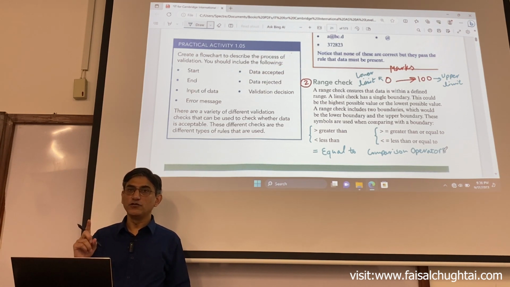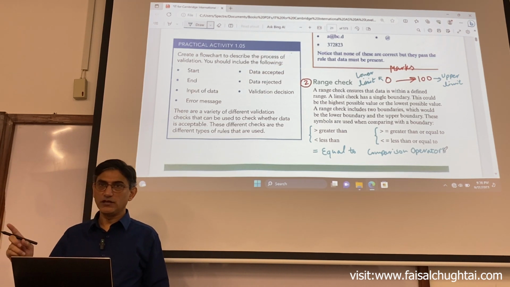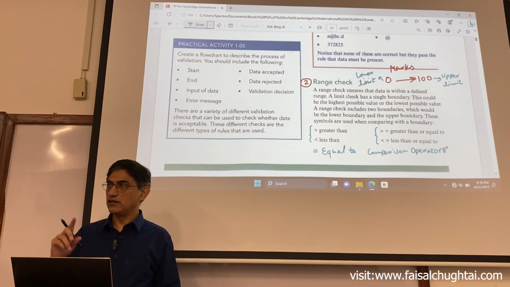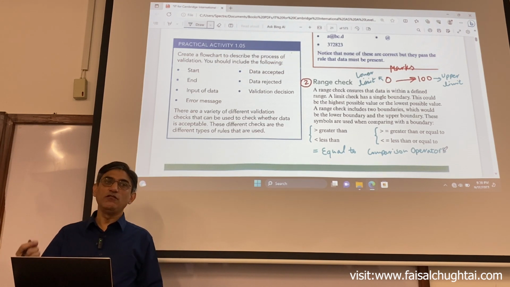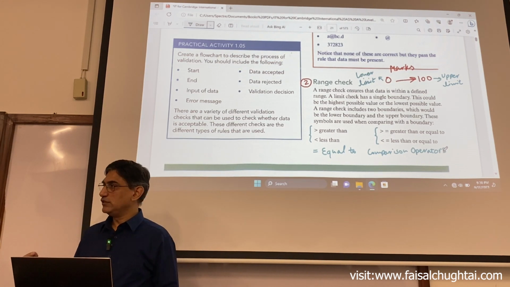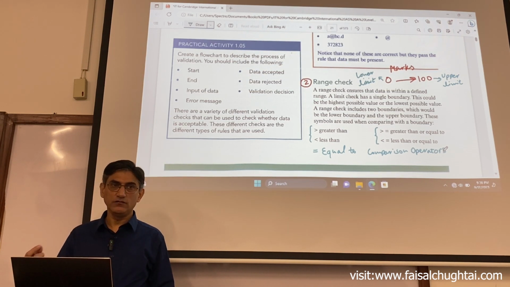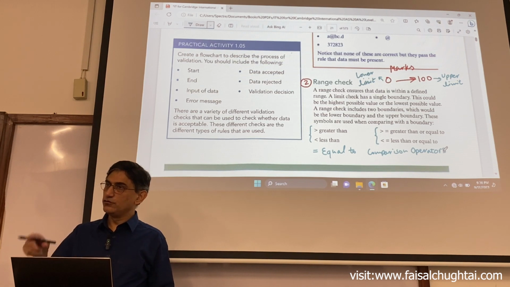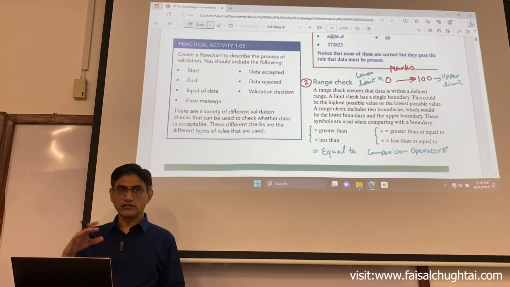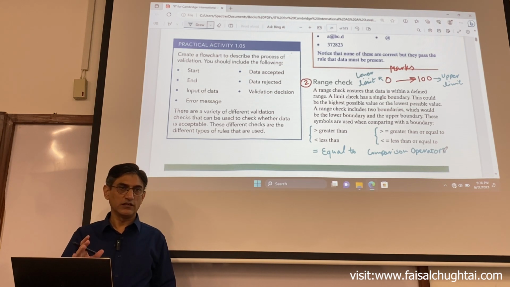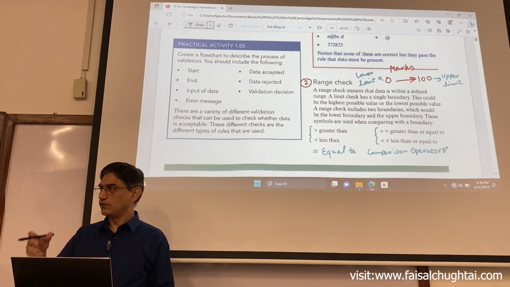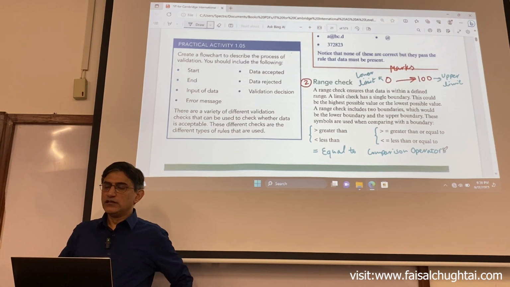We'll have to use them in our database topic, in our spreadsheet topic, and also in our programming topic, the JavaScript programming for the web. So it is important that we know what comparison operators are and how we use them. And of course, the actual use would come in when we are practically doing it.